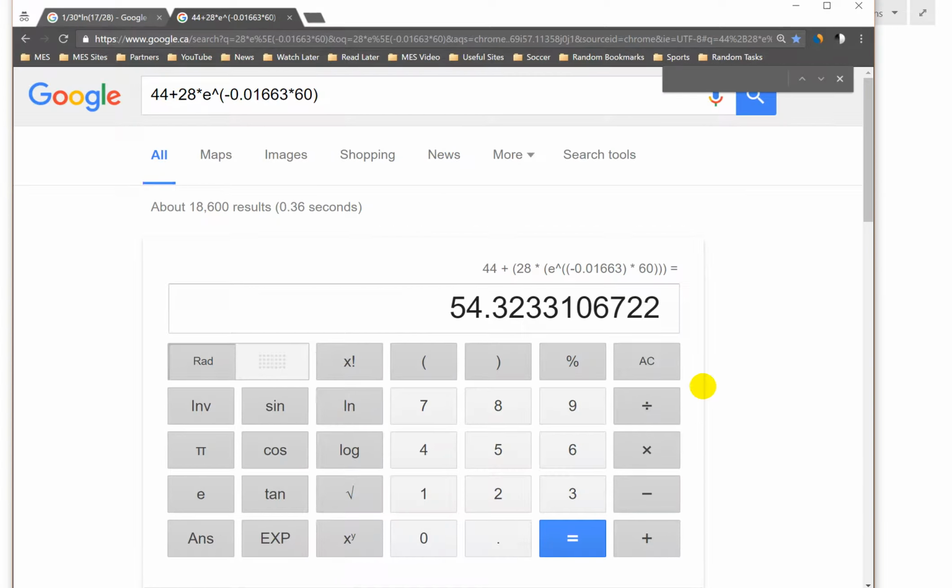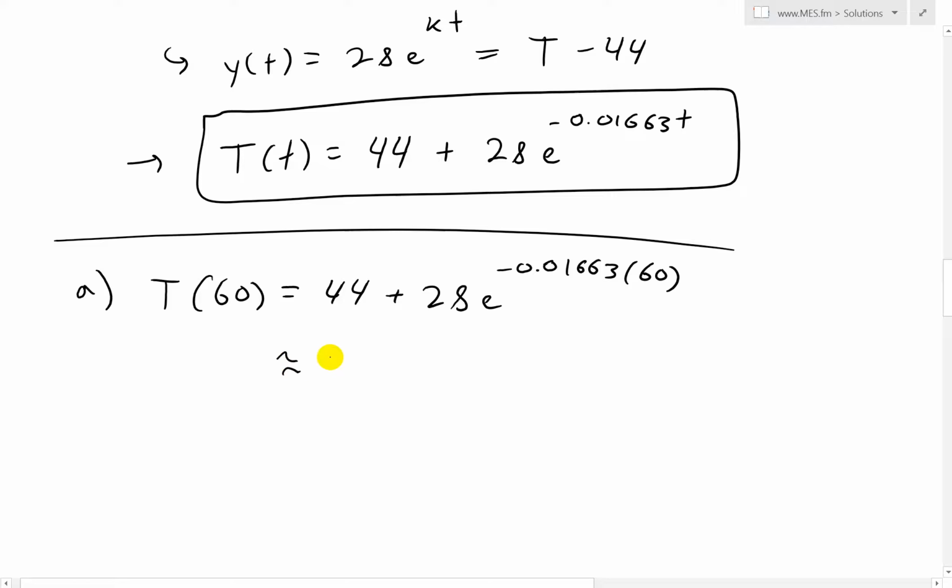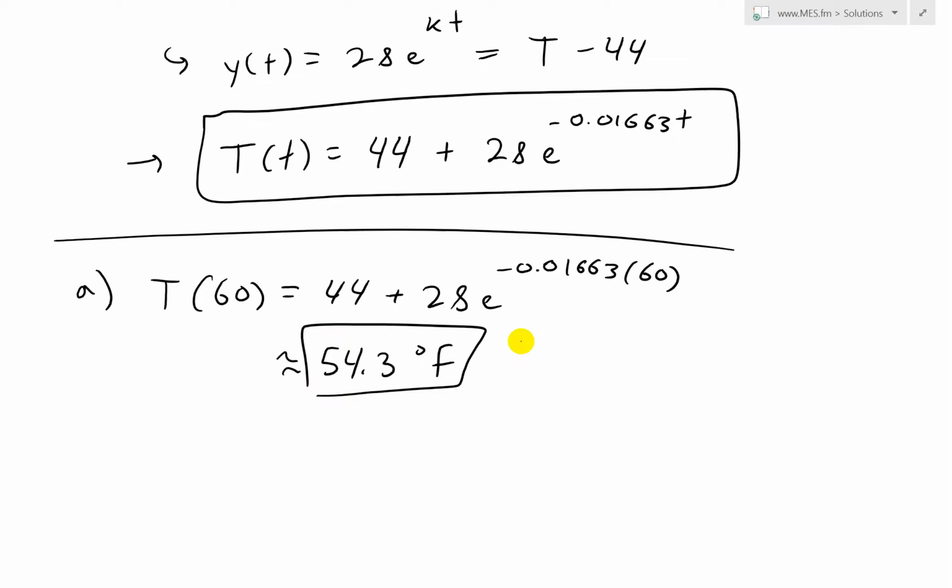I've plugged this into the Google calculator as well. So 44 plus 28 times e to the negative 0.01663 times 60, and we get 54.3, etc. So we'll round to 54.3 degrees Fahrenheit, which is roughly 12 degrees Celsius, just to get an idea of it.